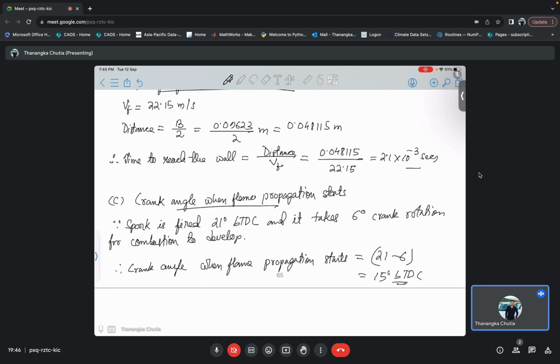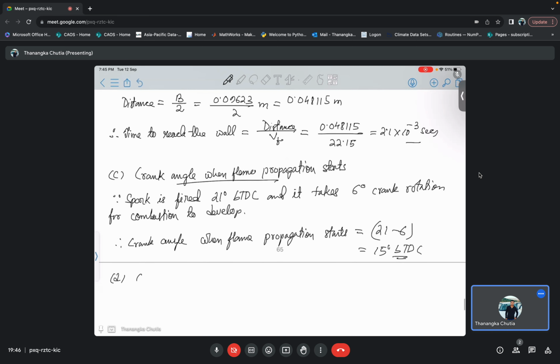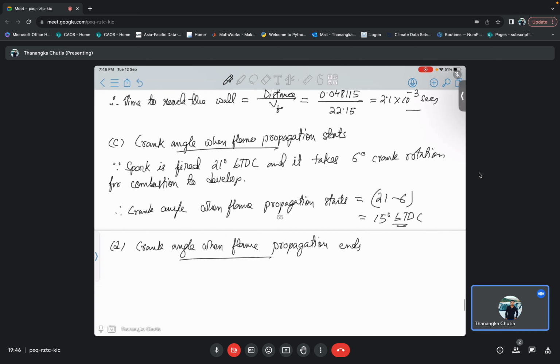Understood? So actually 15 degree before TDC only the flame propagation starts. Now next is crank angle when flame propagation ends. Okay, so that means when the flame will stop.